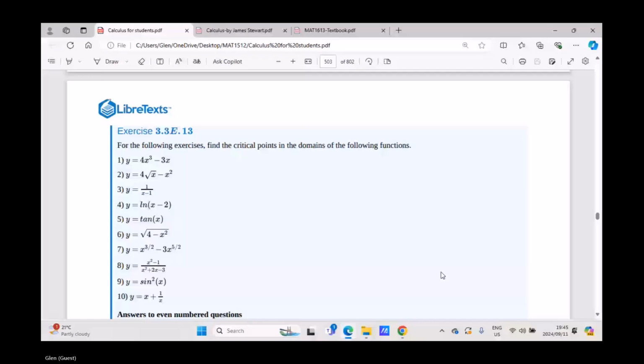Oh, okay. I did it this way. Let me check my paper here. I differentiated the equation, on the numerator, where we have x squared minus 1.